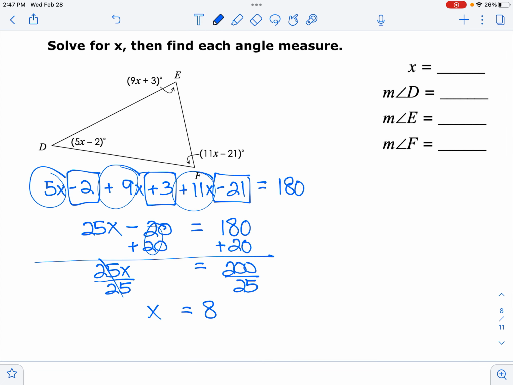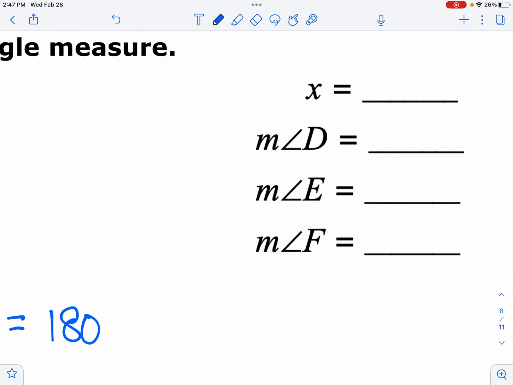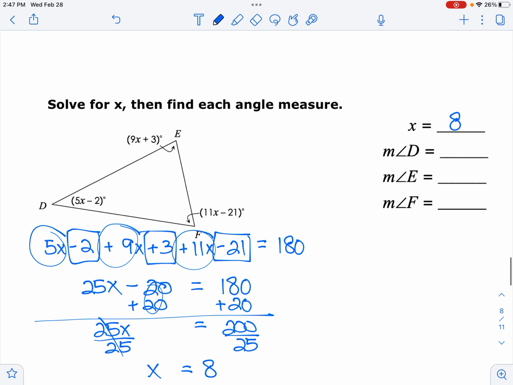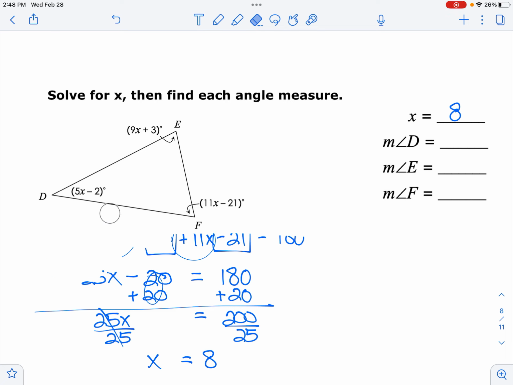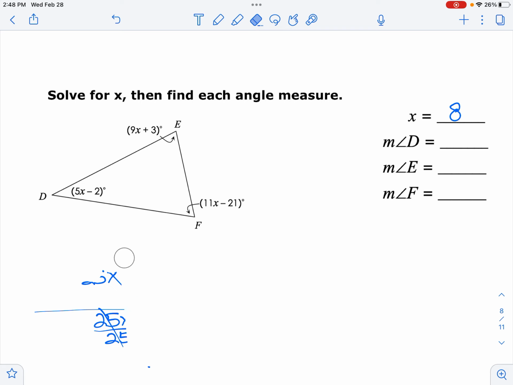Okay, so I now know x is 8. All right, so then I need to plug in to find D, E, and F. Okay, so I'm gonna erase this just so we have a little more room. Okay, and you can use your calculator on this.